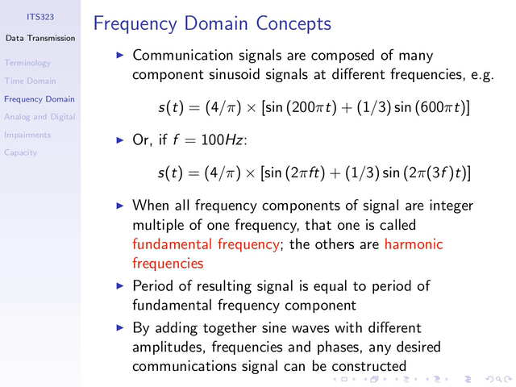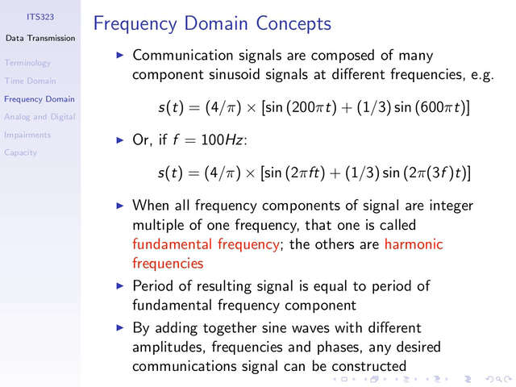Signal B has a peak amplitude of 1/3 and a frequency of 300 hertz. Just using this general equation and working out what is f, what is the phase, and what is A.